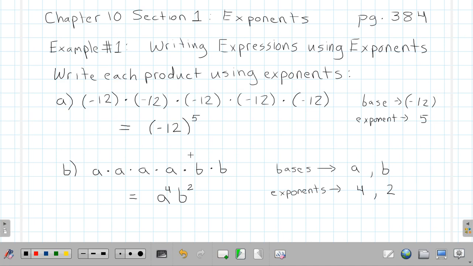Now, I do want to point out, if you notice underneath this example, there are a few questions that are on your own. If you want a little extra practice, I'm going to ask you to do those questions. And what I plan on doing is providing you with those answers as I push out the video, so that way you can keep track and make sure you're doing these correctly before you try any of the practice assignment or the homework assignment.